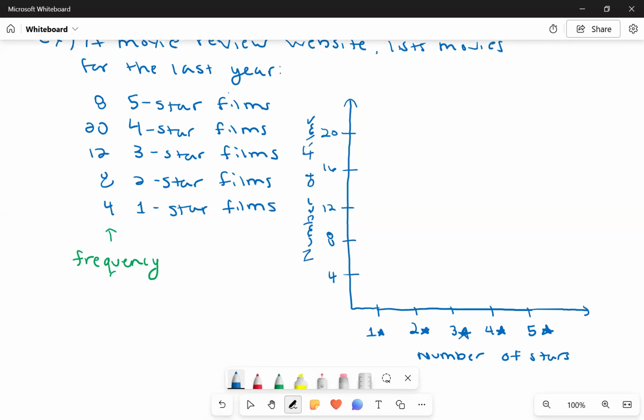All right. And then we're going to go ahead and do bars for each category. Now, big distinction between bar graph and histogram, which we'll see later on, is that with a bar graph, the rectangles do not touch. Okay. So for the 1-star films, here, use my red pen. We are at 4. 2-star films get up to 8. 3-star will be 12.